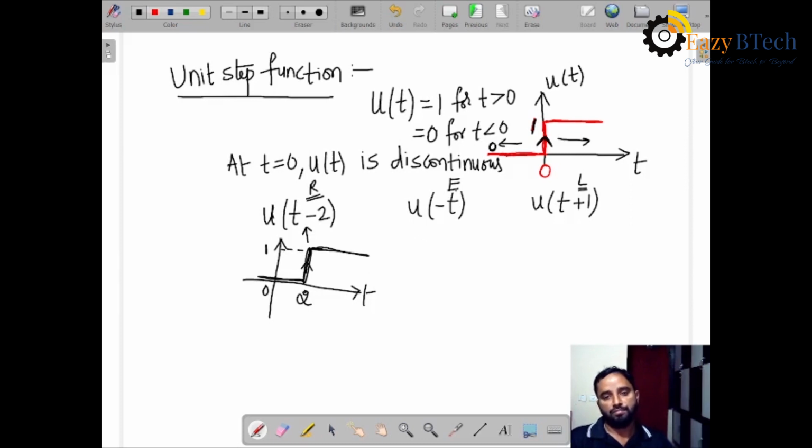Similarly, u of minus t is the folding of u of t. So this is u of t. Now I am doing folding. Folding of u of t will become u of minus t.